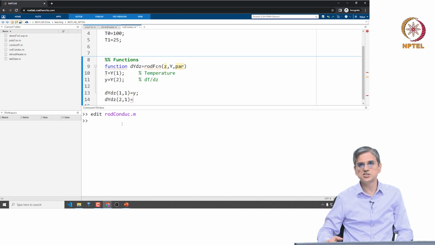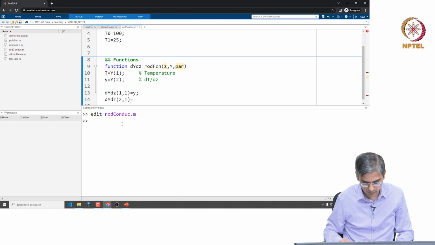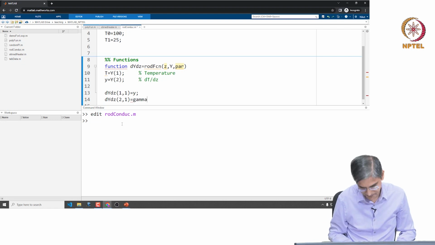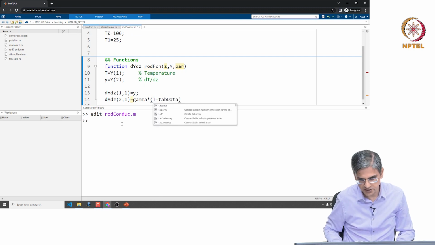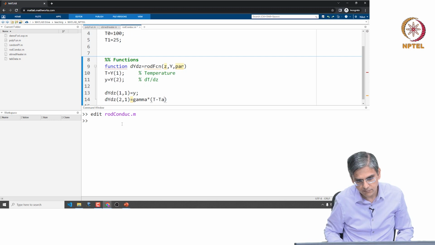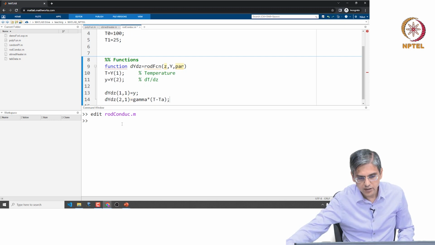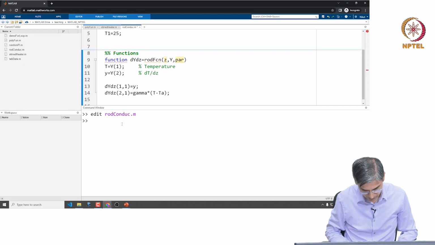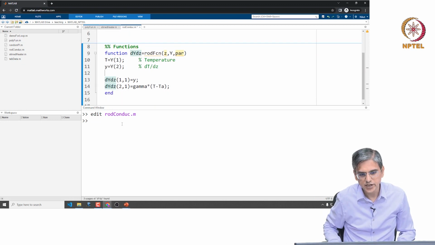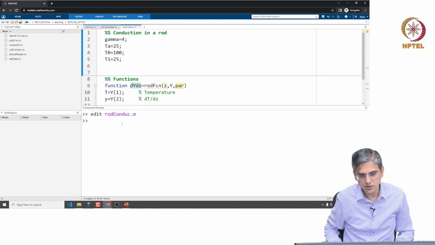And d small y by dz was nothing but gamma multiplied by T minus TA, which is T ambient. And end.